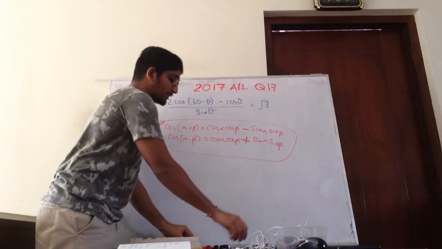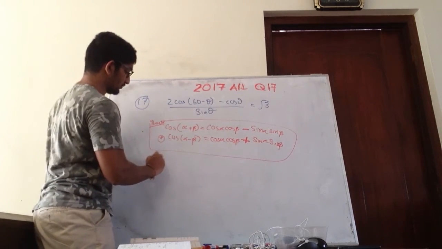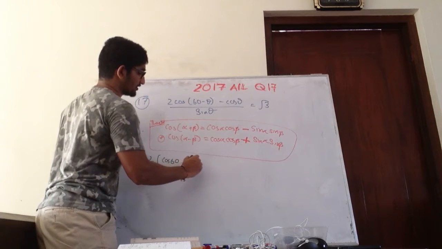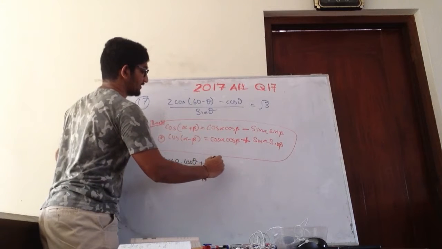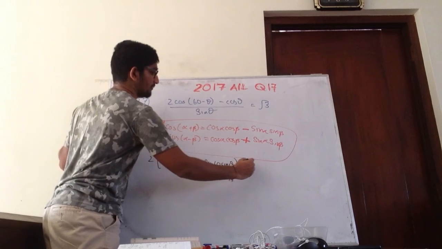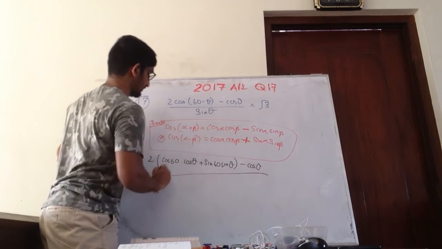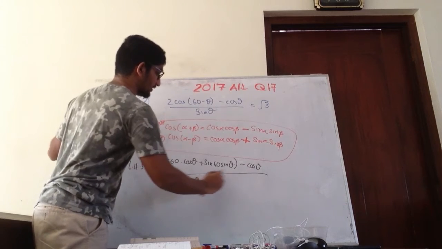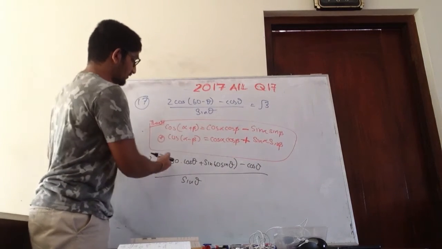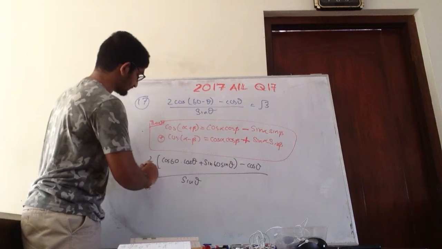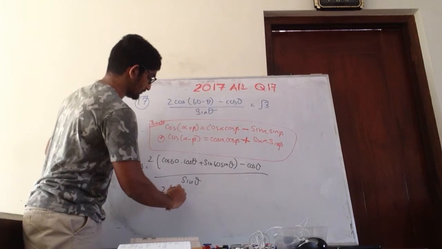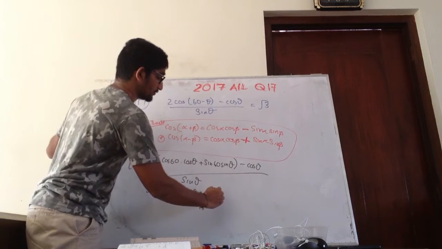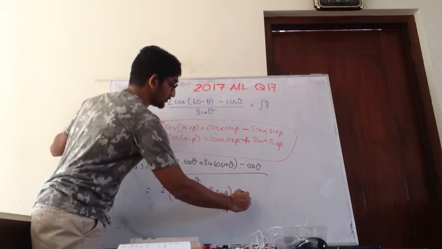So if I proceed with the sum, I will get 2 cos 60 cos theta plus sin 60 sin theta, minus cos theta. I'm taking the left hand side, over sin theta. Cos 60 is half, and sin 60 is square root 3 over 2.